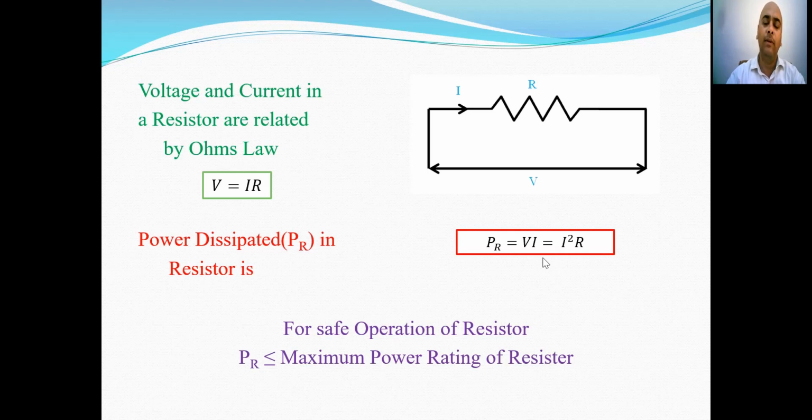However, if the power generated in the resistance is more than the maximum power rating of the resistor, then the resistor will not be able to dissipate this heat into the air and ultimately the resistor will be damaged.